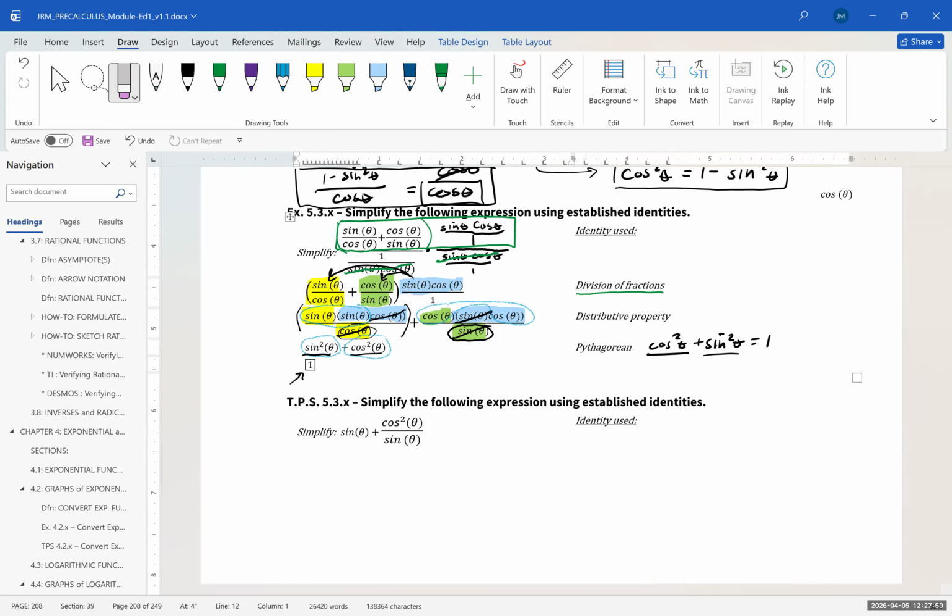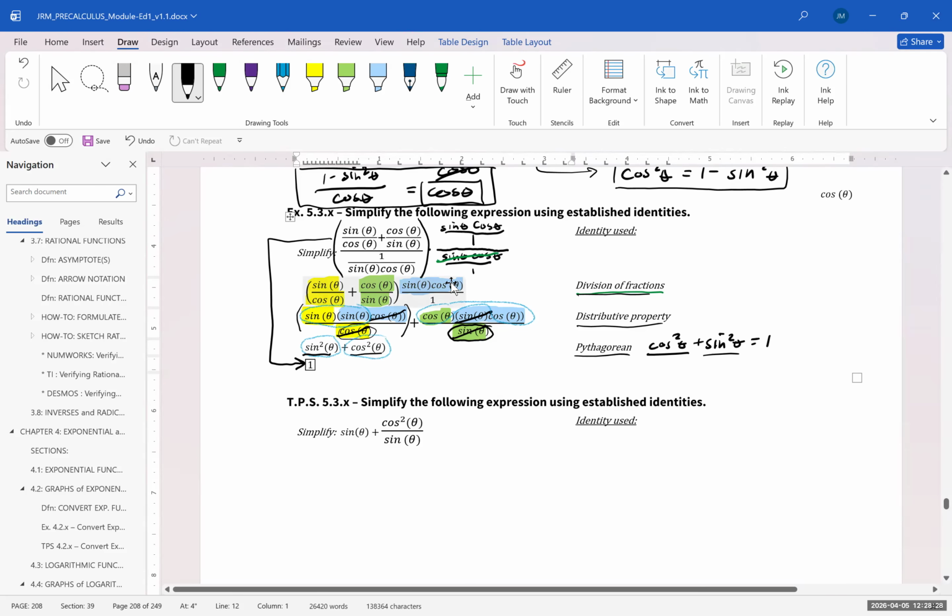So this original mess that we had here at the beginning, all of that reduces down to 1. And we did that by using division by fractions, the distributive property, and finally the Pythagorean theorem. So this is more of a multi-step trig identity simplification.